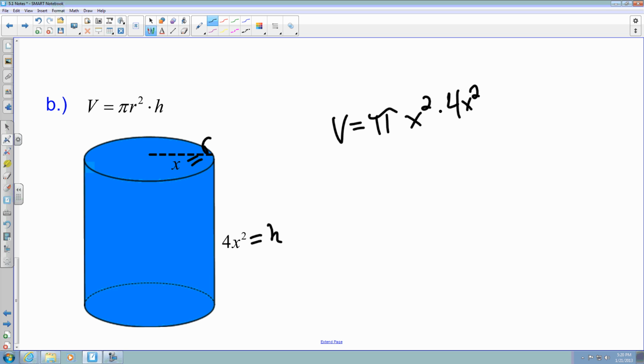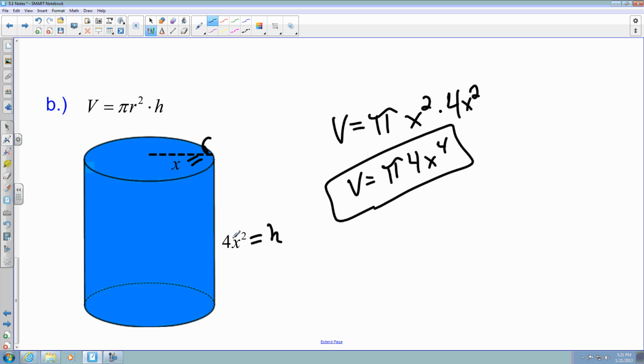So I have my V equals pi times 4 times x to the 4th. And that is how we rewrite that expression.